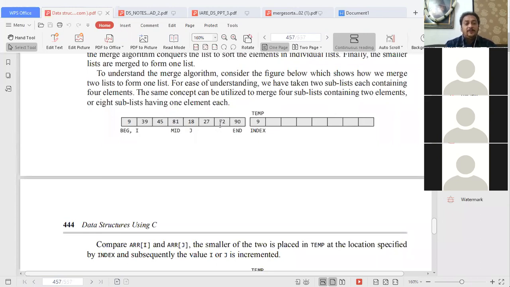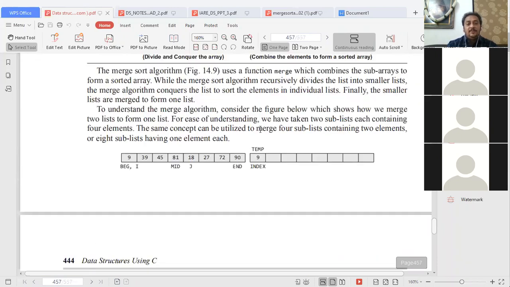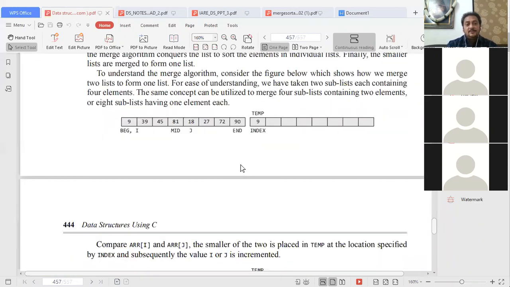So what we do is initiate a new array which contains temp as well as index, and index tells you about the new arrival of the element. So we have 3 different pointers: beginning, mid, and end.